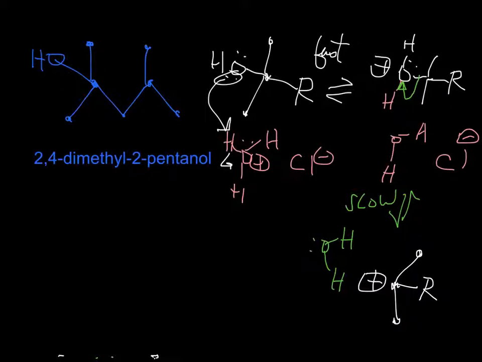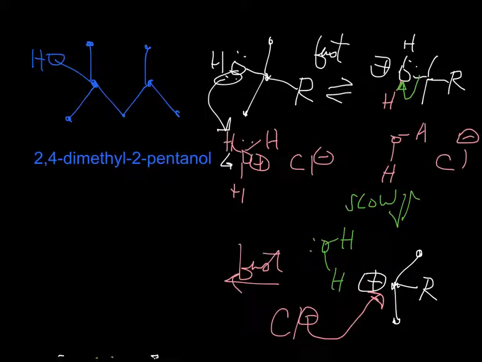Finally, the third step, which is the fast step, is where the nucleophile, which in this instance is chlorine, will come in and attack that carbocation. Once again, this is a fast step, and we're going to be left with the following compound.